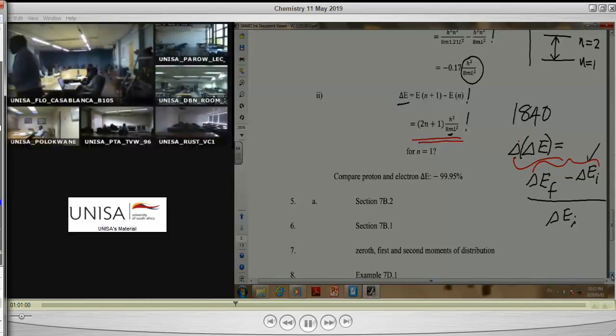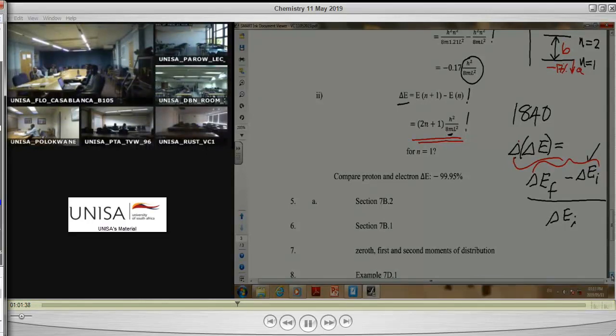In fact, the first question was about just this energy level, and we found that this is minus 17%. Now this is B. This was A. Now, this here is a change.